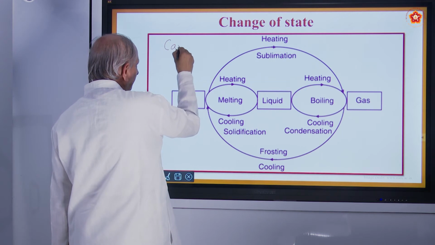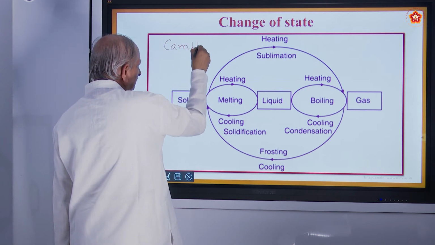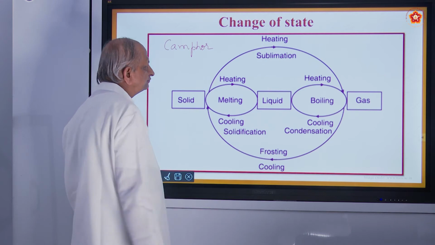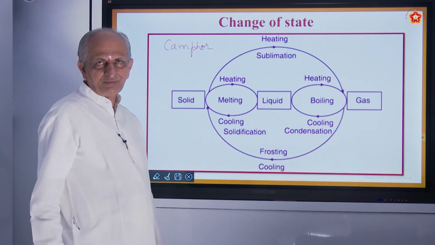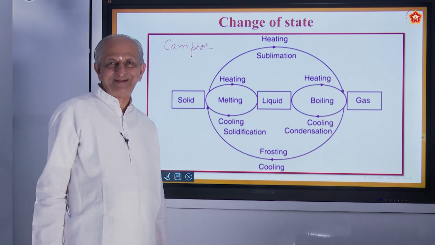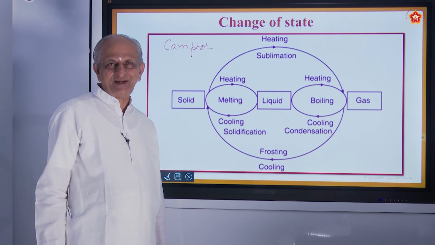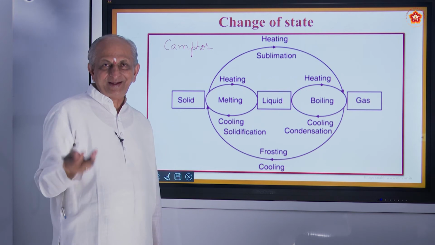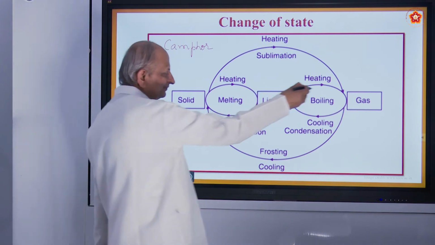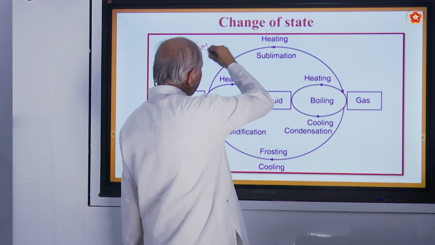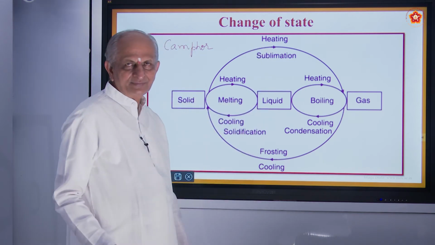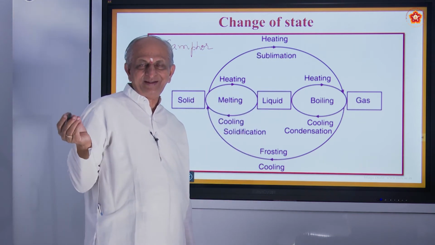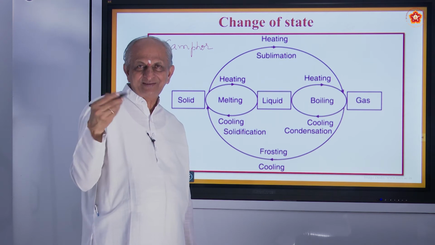Can you name some of the substances, like camphor? Camphor, you might have seen in temples how the pujari takes some camphor and heats it. What happens? It directly converts into gas, and it is lighted by a matchstick. Immediately the camphor starts burning.